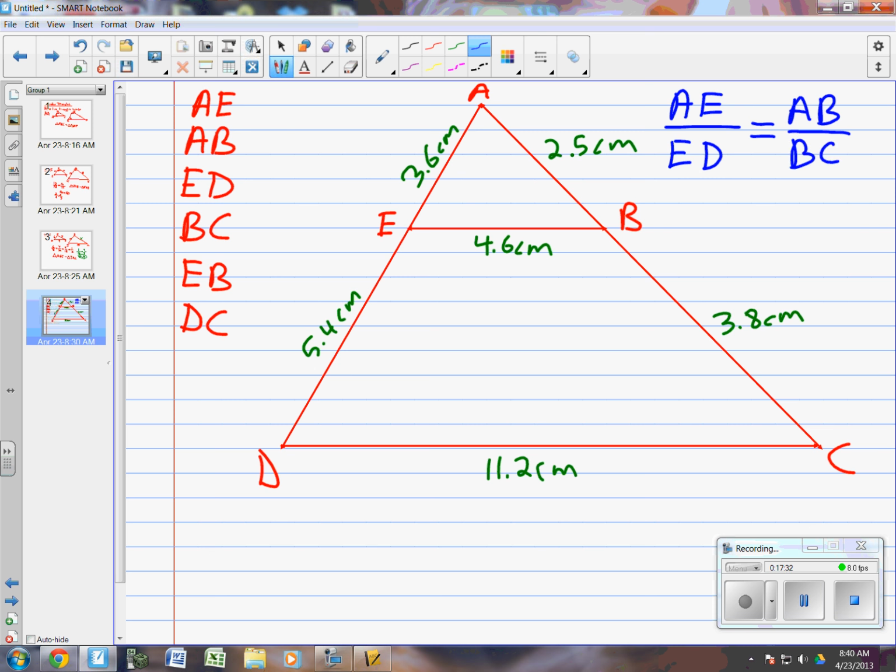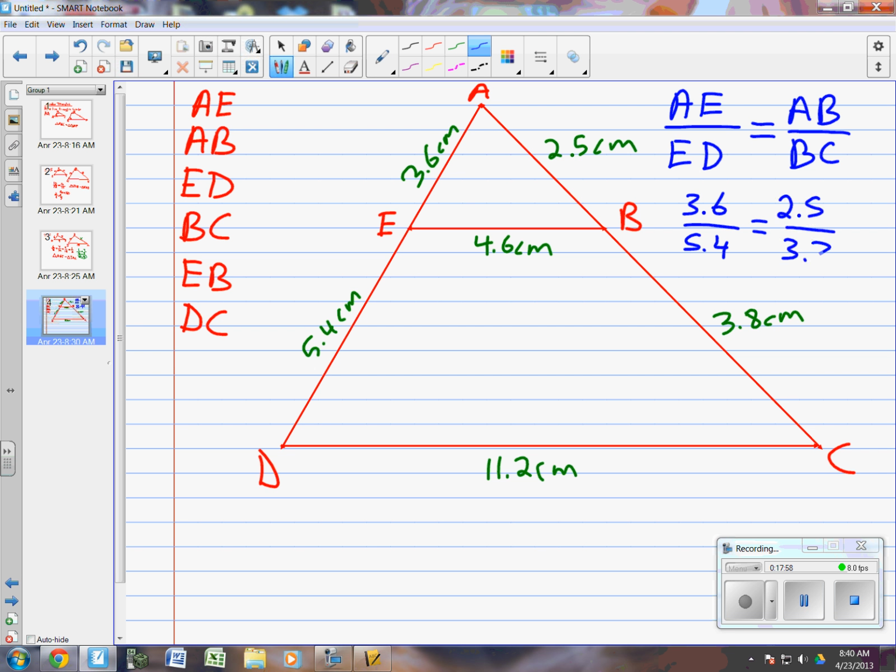So everybody put those numbers from your triangle in your calculator. So for example, AE on hers is 3.6 over ED, which is 5.4. That's equal to AB, which is 2.5, over BC, which is 3.8.